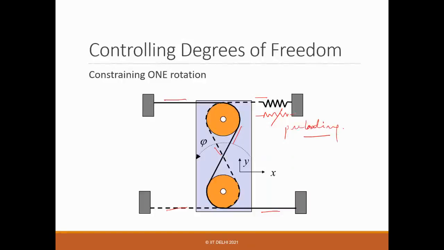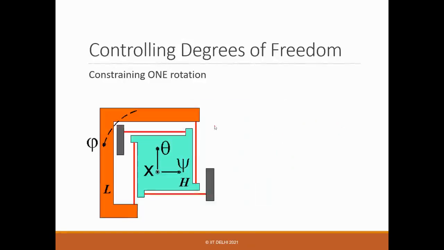So the amount of preloading you can change. You can see it can move in this direction, but the rotational direction is very stiff. So these are some examples.